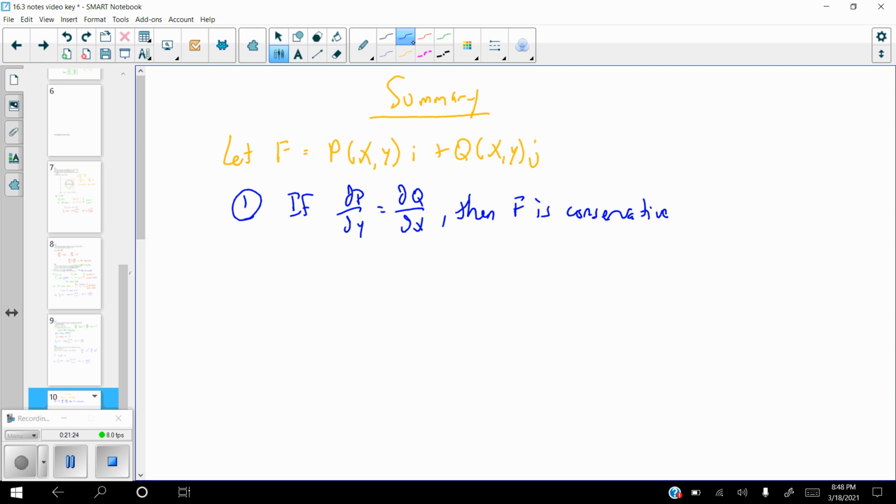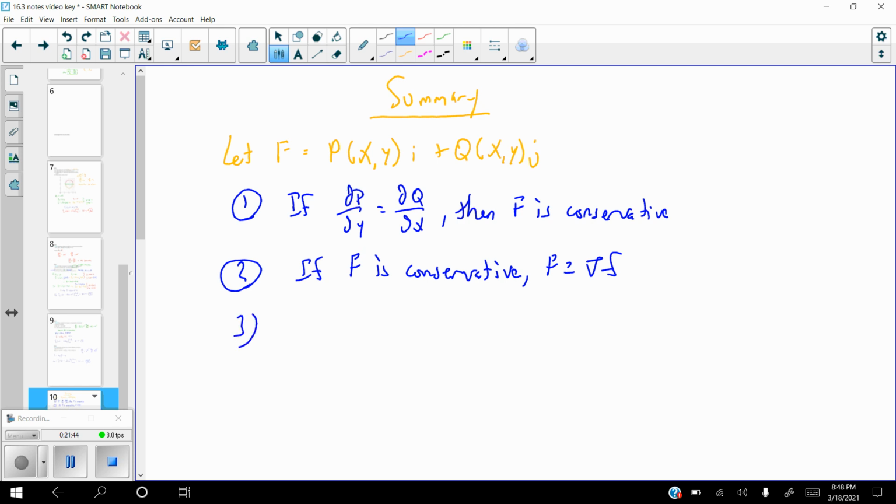Okay, feeding off of that one, if F is conservative, F then equals the gradient of lowercase f.